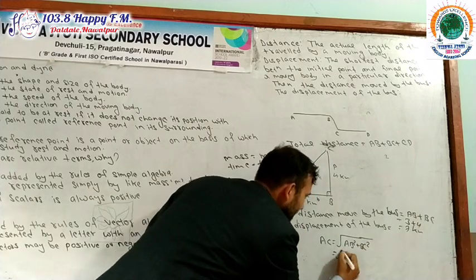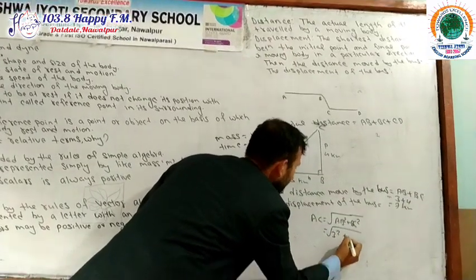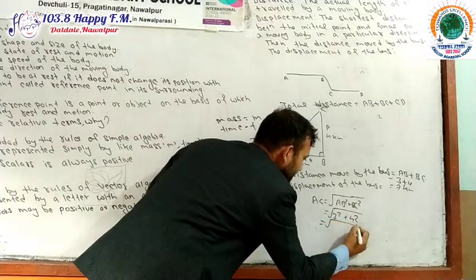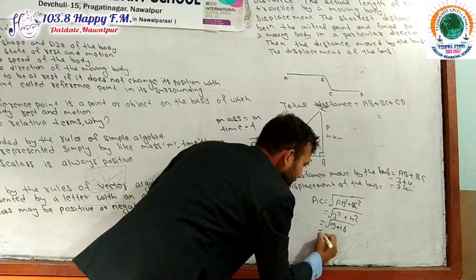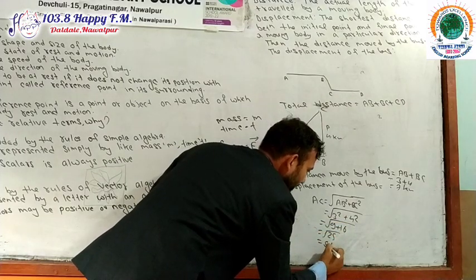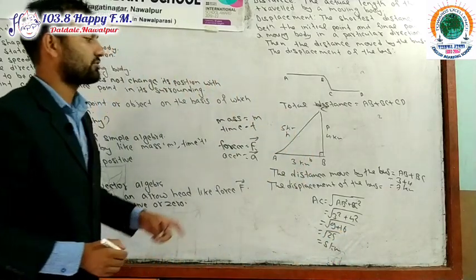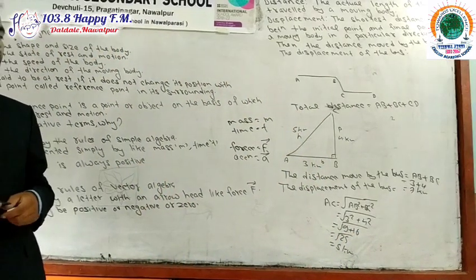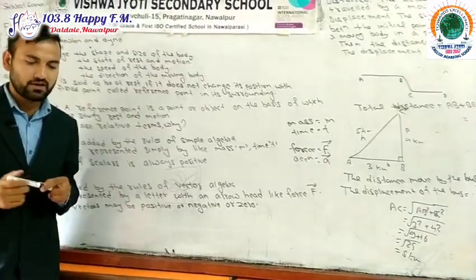AB means 3 square, BC means 4 square. We write 9 plus 16, 25. So AC is 5 kilometer. That is the displacement of the bus, equal to 5 kilometer.